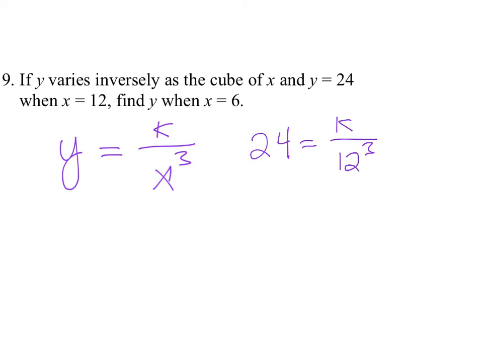I'm going to end up with 24 times 12 cubed, because I end up with 24 times 12 cubed equals k. And that's 41472.